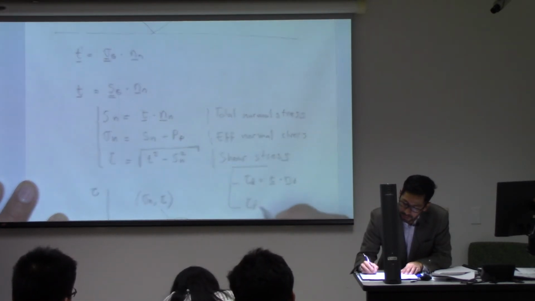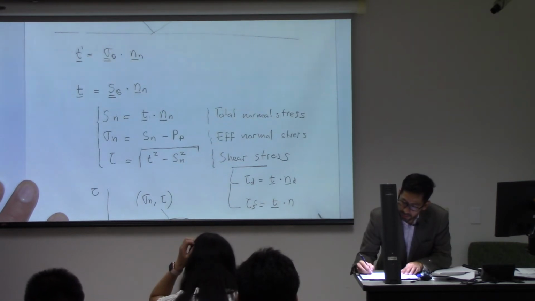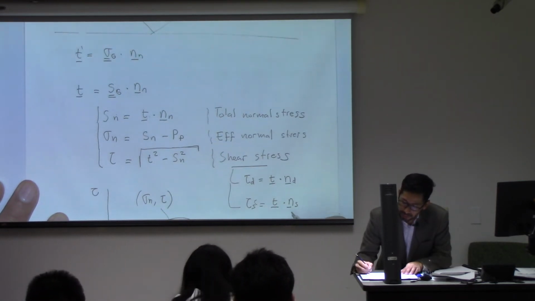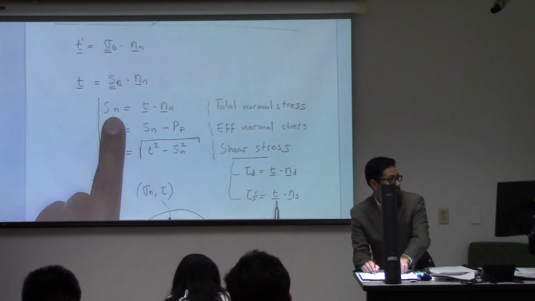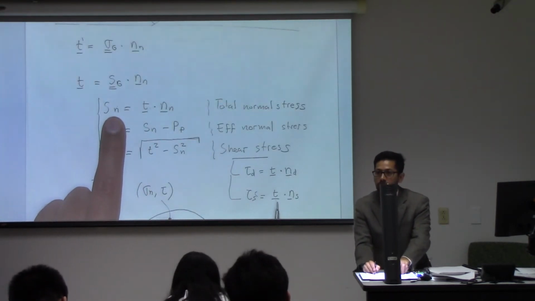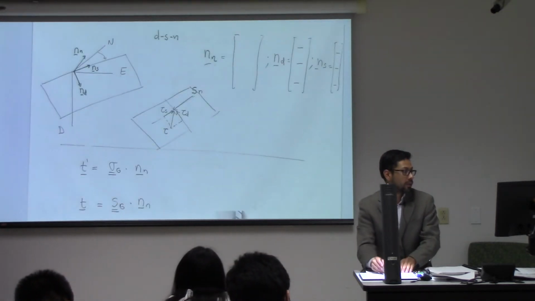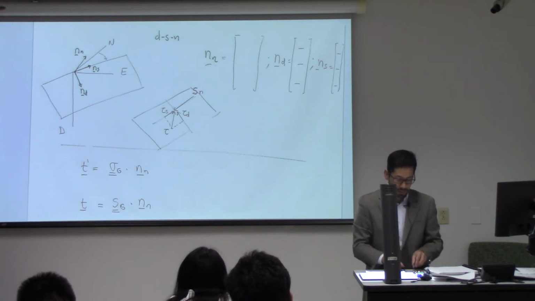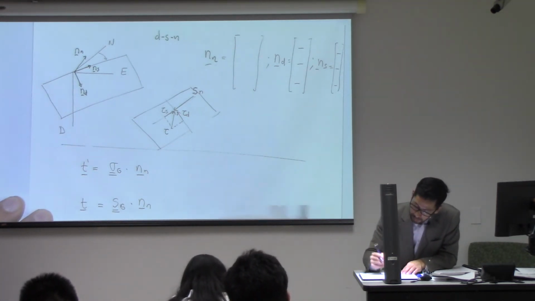And tau s is going to be t times n s. And t times n n gives you Sn, the three components of the vector t. So probably we can now complete this plot.